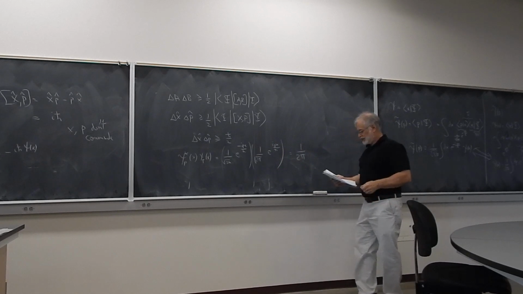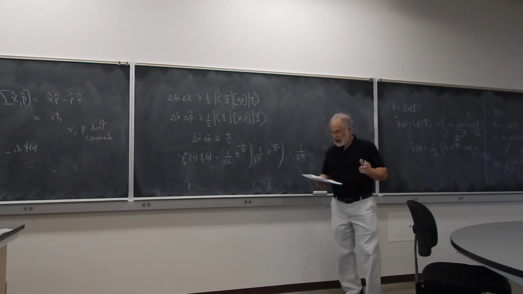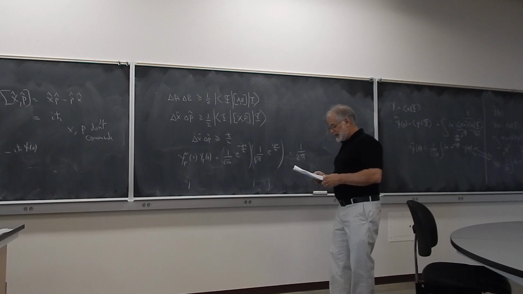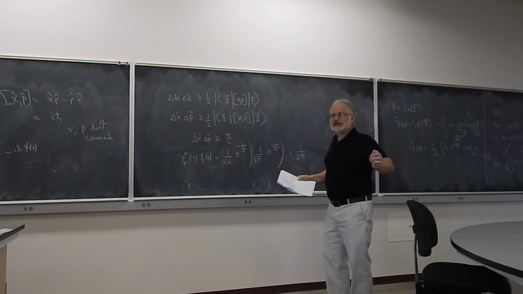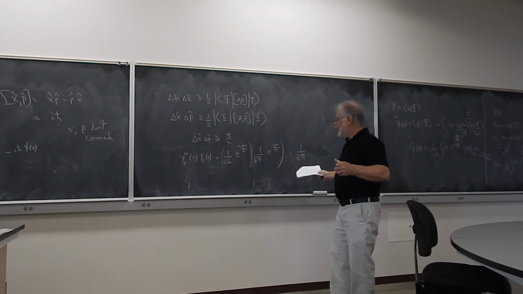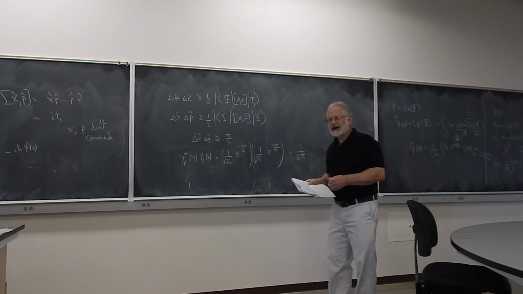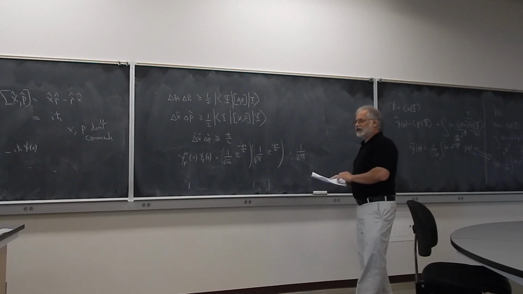I just get 1 over 2 pi. I get a completely uniform result. There are no peaks, there are no valleys. It tells me that a state with definite momentum can be anywhere position-wise. If you know the momentum exactly, you have absolutely no idea where the particle is, in other words.